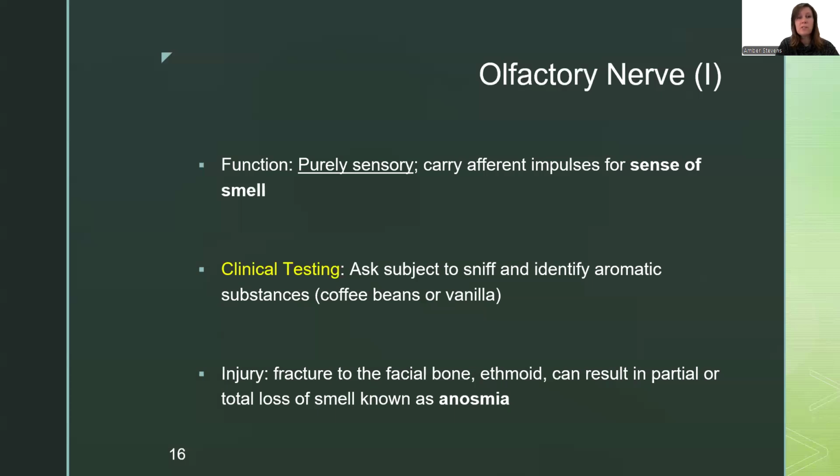So our first nerve is the olfactory nerve, okay? And it's responsible for sense of smell. So to test this, a subject is asked to identify aromatic substances like coffee. Okay? And damage can result in anosmia or the loss of smell.